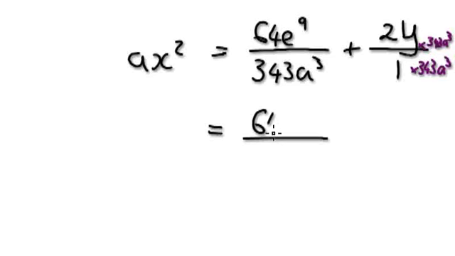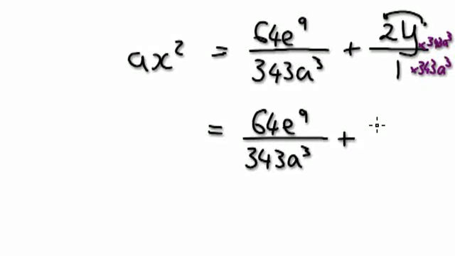So the first term becomes 64e to the power of 9 over 343a to the power of 3, plus, now number times the number here. Sorry, I'm going to write this neatly. Remember we are timesing top and bottom by 343a to the power of 3.